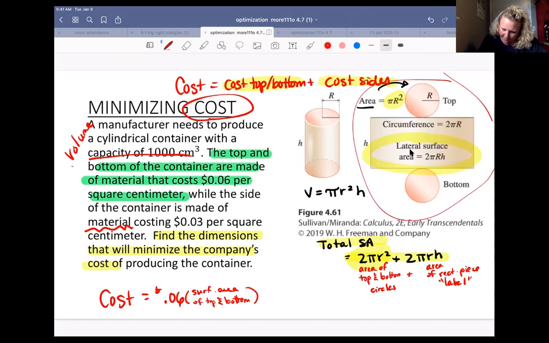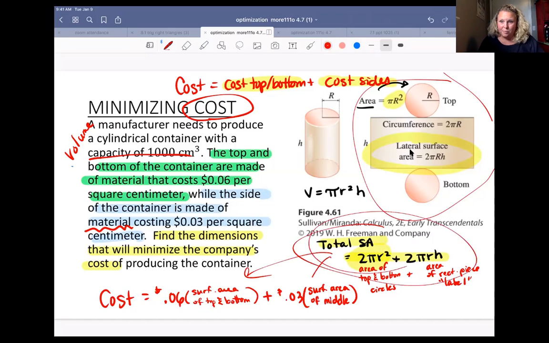Okay, plus, get another color here. The side of the container is material that's 3 cents per square centimeter. So then you have 3 cents times the surface area of that middle piece, that rectangle shape. So that is where the surface area formula comes in for these pieces.